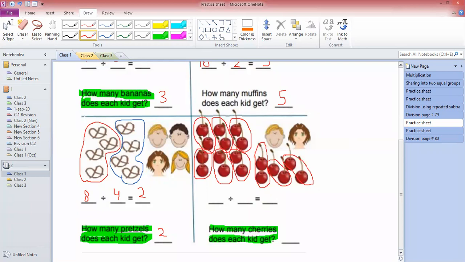9. Very good. There were total 18 cherries. So you will write here 18. And you divide it into 2 kids.